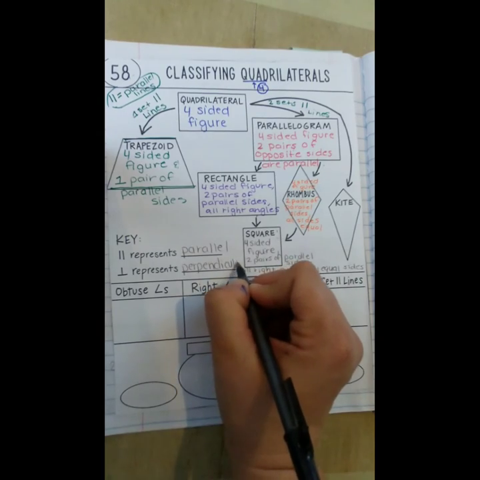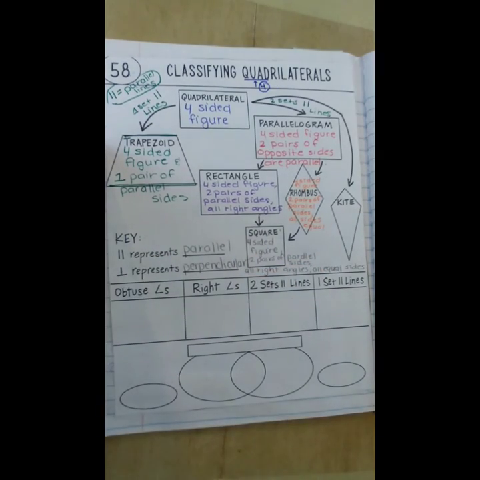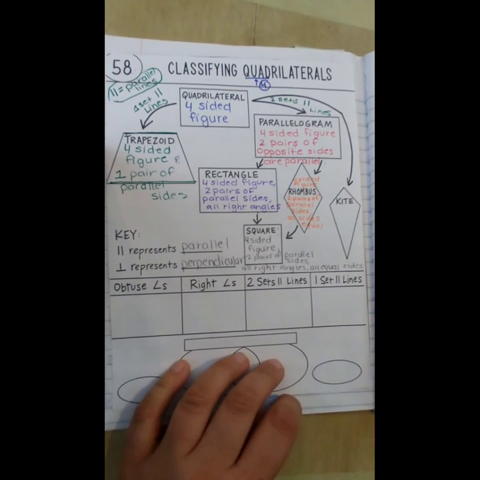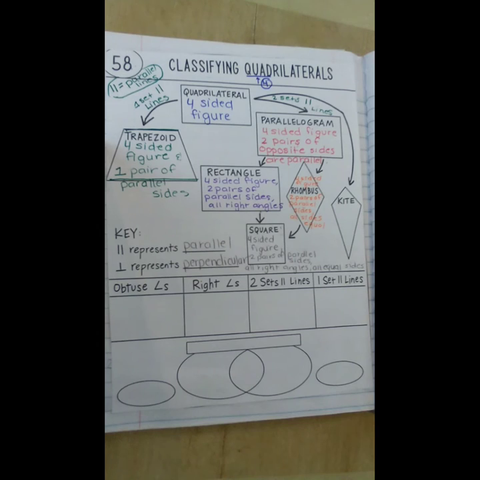So we have the two L's represents parallel, and then the upside down T is perpendicular. Okay? Now we're going to be looking at obtuse angles.